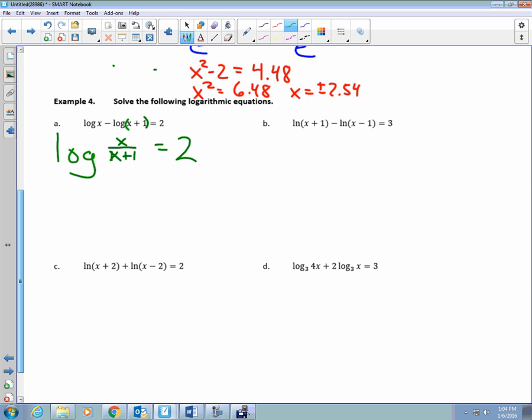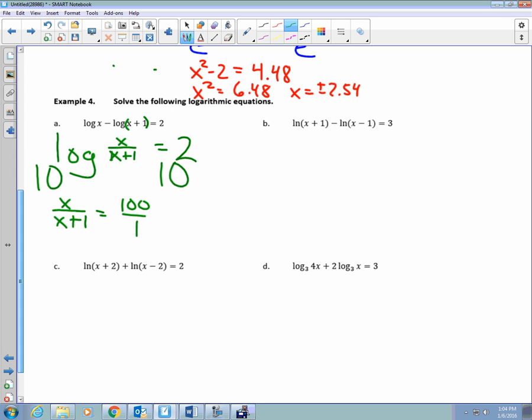Now I have it written as one logarithm, so I should get rid of log. How do I get rid of log? Base of 10. So we have x over x plus 1 is equal to 100 over 1.